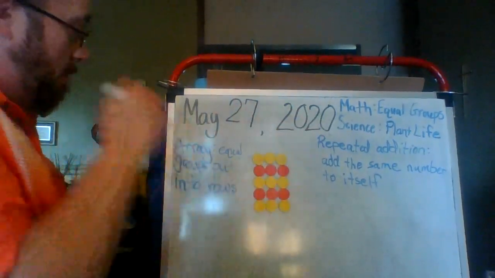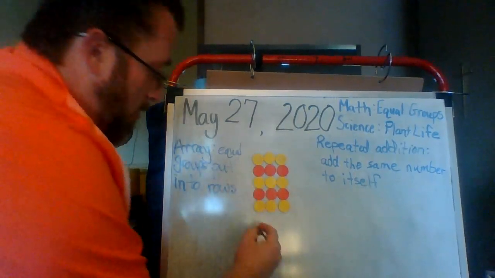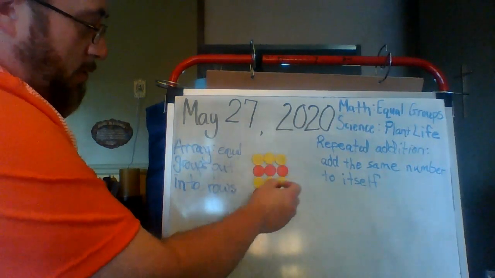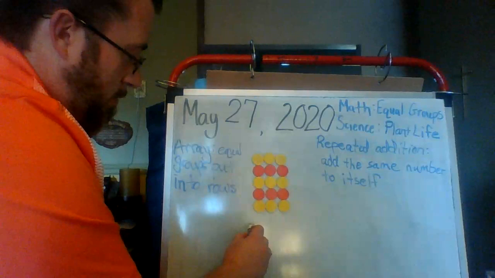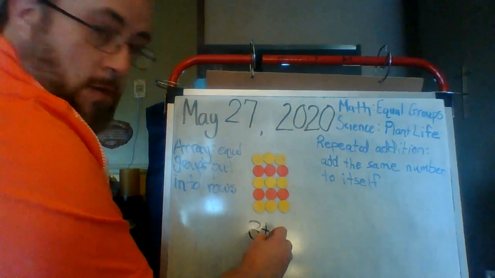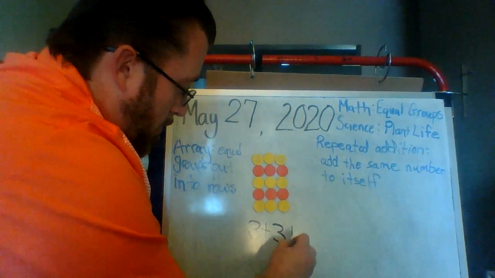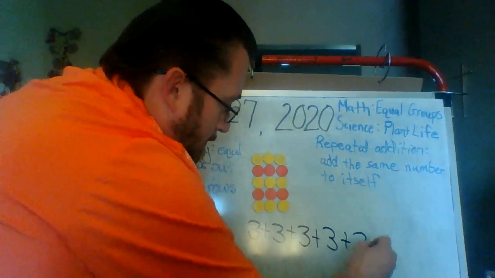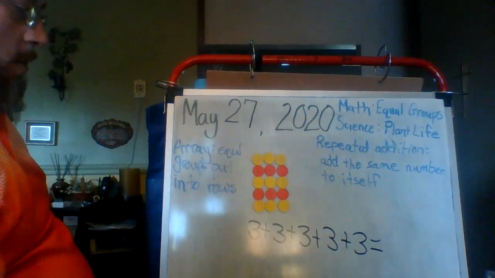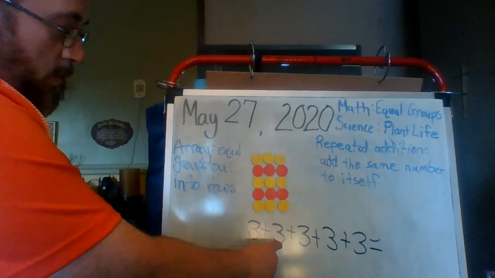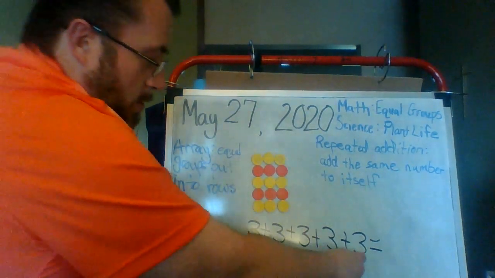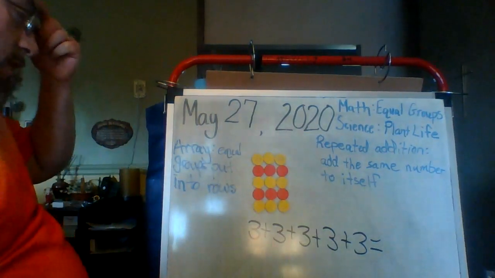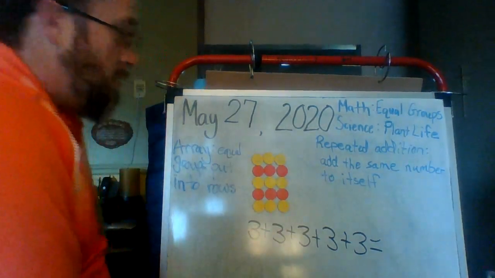If we were going to write that as repeated addition, I said I had 5 rows, so I'm going to need to add 3, because there's 3 in each row, 5 times. Row 1, row 2, row 3, row 4, row 5. Each one has 3 in each row. So it's 3 plus 3 plus 3 plus 3 plus 3.